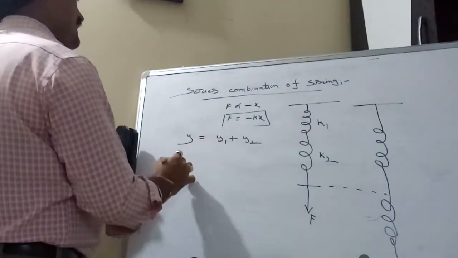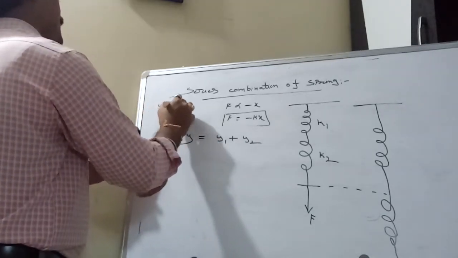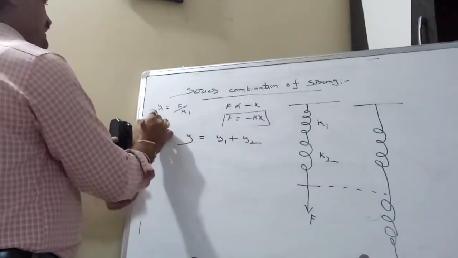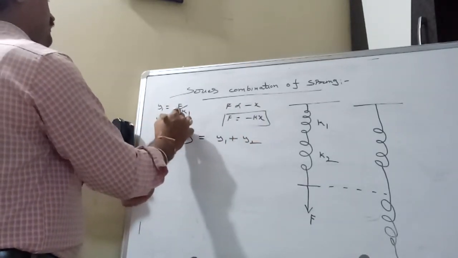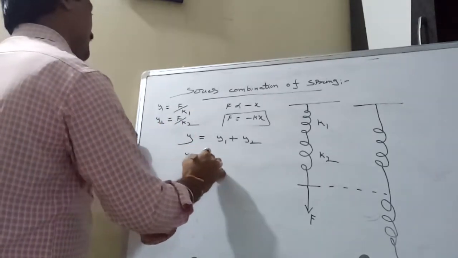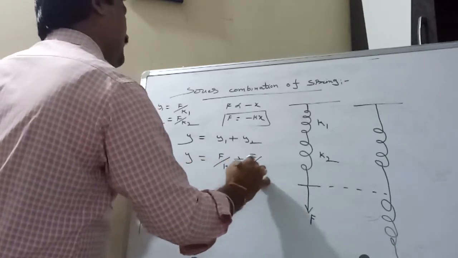So Y is equal to Y1 plus Y2. Here Y1 is equal to F by K1. F is constant; in series F is constant. So Y2 is equal to F by K2. So Y is equal to F by K1 plus F by K2.